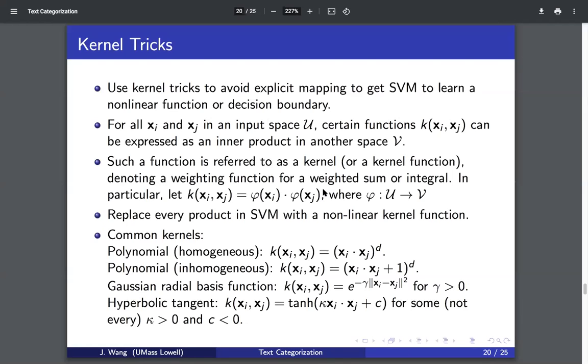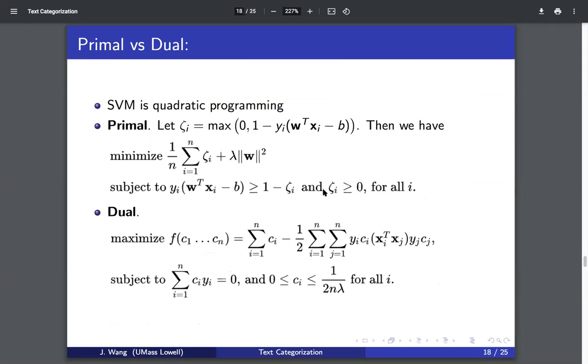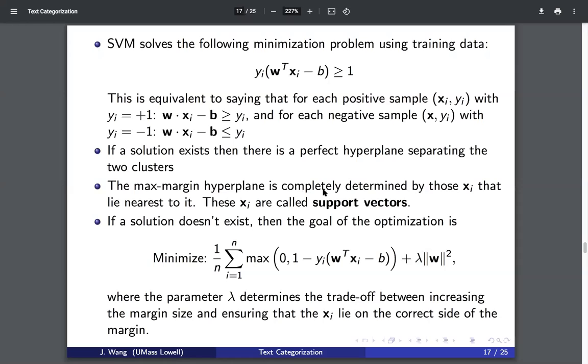Now remember, one of the important assumptions we made. Let's go back here. We say that if a solution exists, that means if your data points can be separated by a hyperplane, then by minimizing this W, we can find a hyperplane that separates the two clusters with the largest margin available.